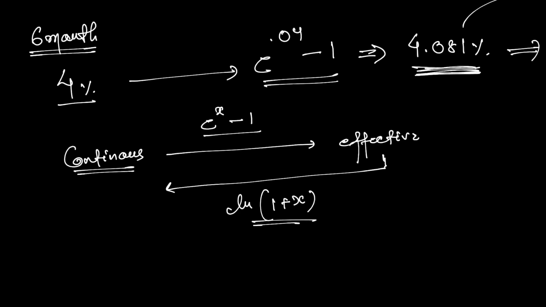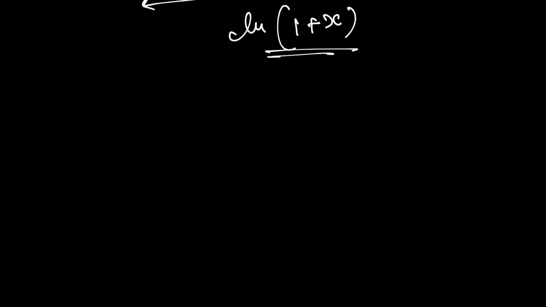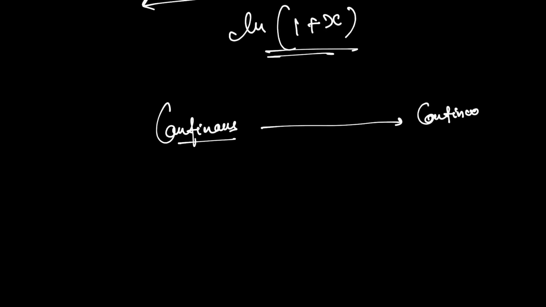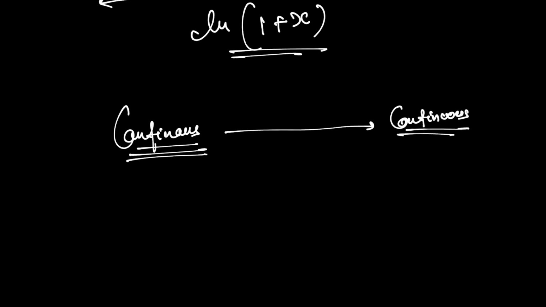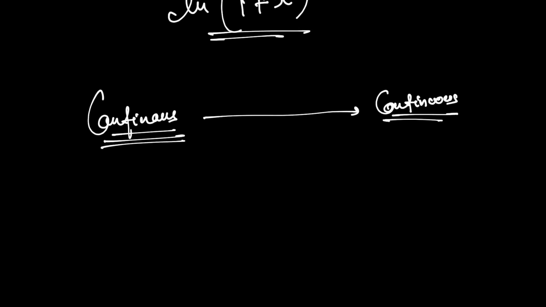Okay. The only thing that I haven't explained is moving from continuous of one tenure to continuous of another tenure. Now this is a flip of effective to effective.